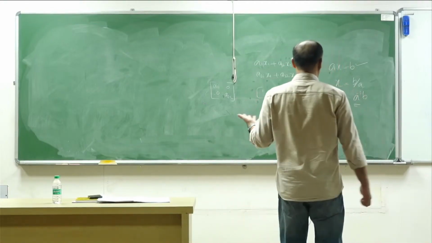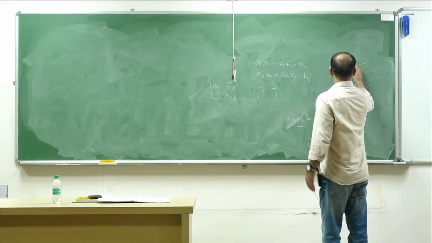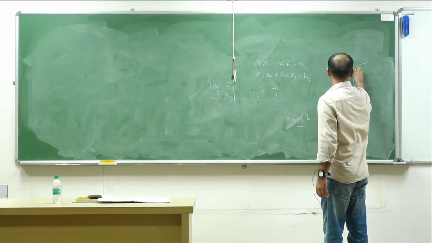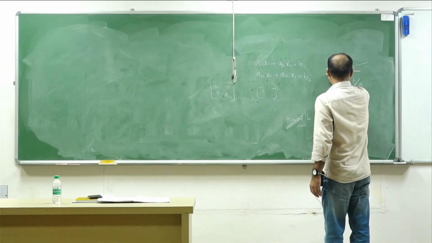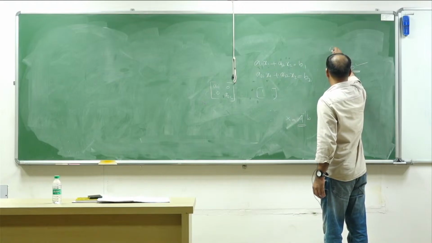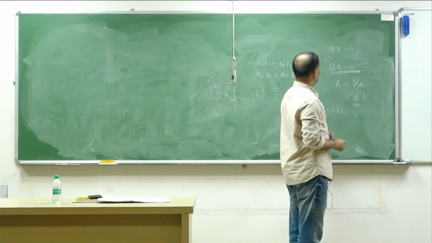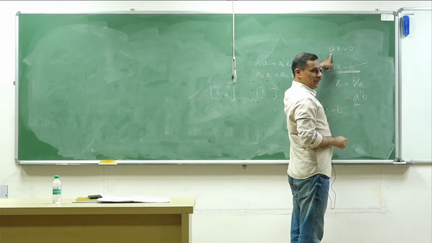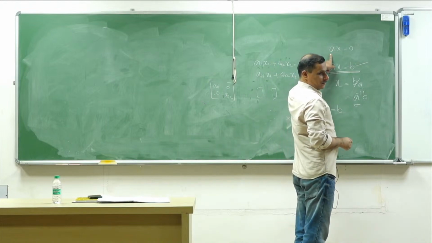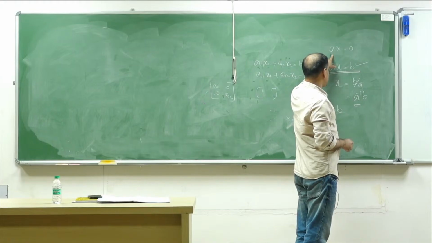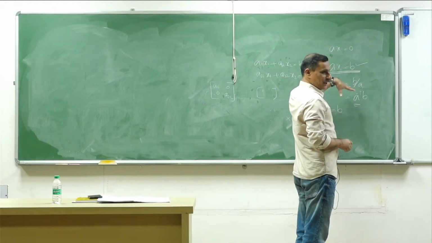For example, suppose Ax equals 0. What happens when A is 0? What happens when A is non-zero? Two cases are there.